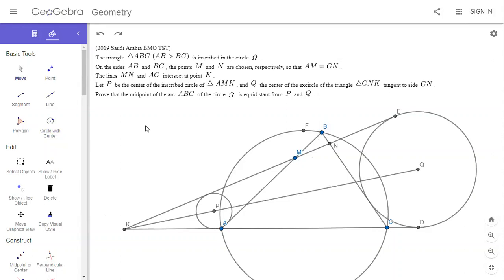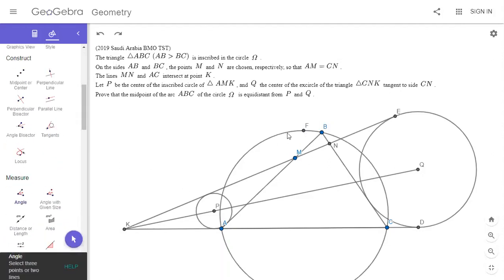So I think it's not hard to show that FMN is isosceles, because yeah, we can show that triangle FMA is congruent to FNC. Interesting. So is triangle FNQ congruent to FMP? That would also be very interesting.